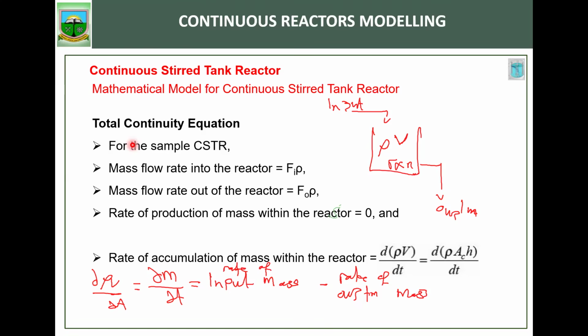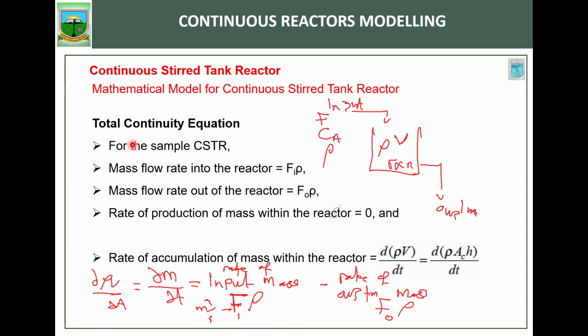The input is coming at a certain flow rate, a certain concentration, at a certain density. So here, the mass is going to be the flow rate times the density, because this flow rate is measured in what? You get it? Then the output also will come with an output flow rate and a certain density.